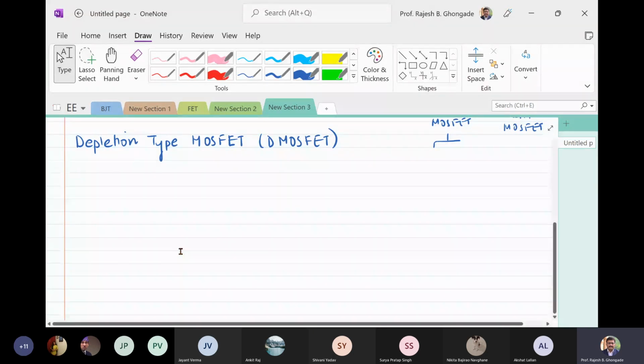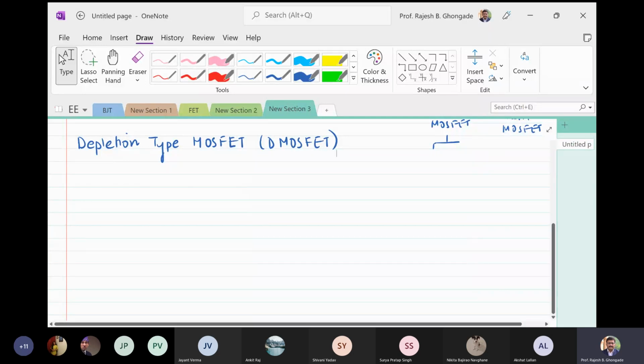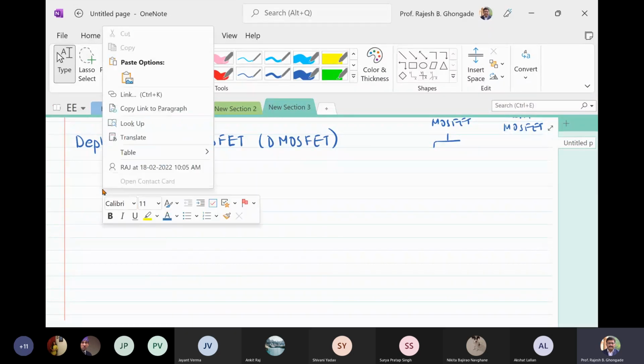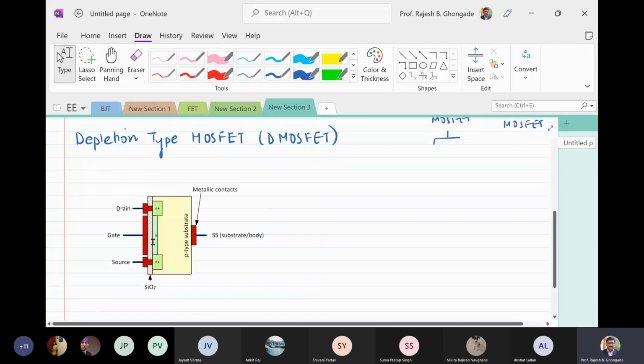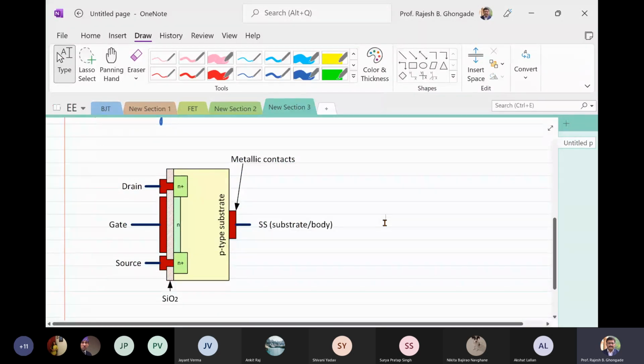So again, let us see the construction. For that, I'll have to fetch the picture. So this is the depletion type MOSFET construction. So very curious kind of construction we have.